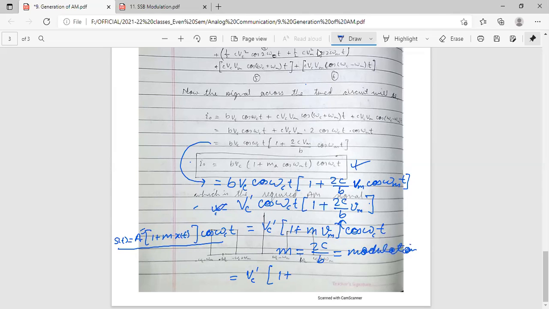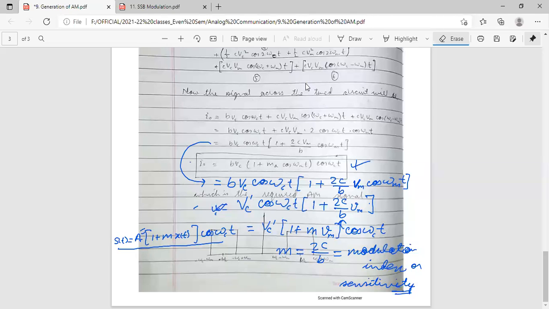This ratio represents the modulation index, or the sensitivity of this circuitry or this modulation scheme. So you can assume it like that.